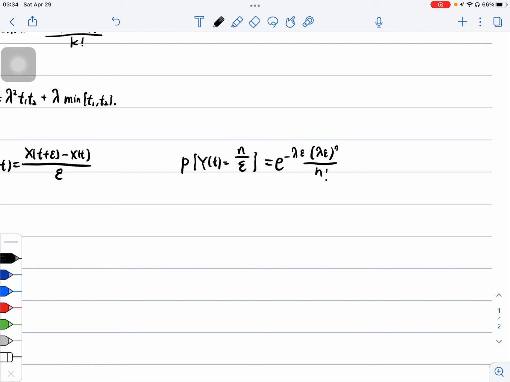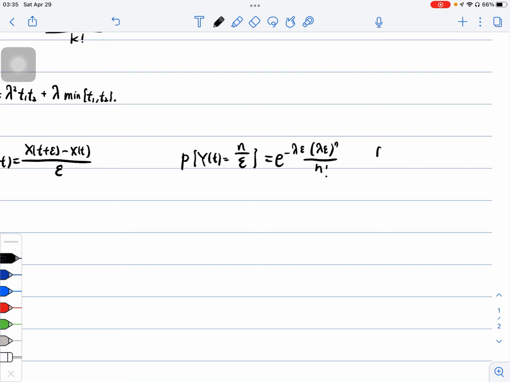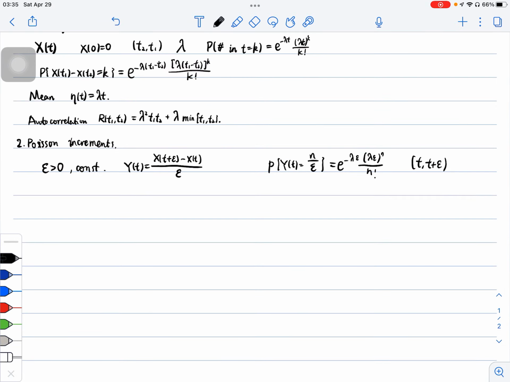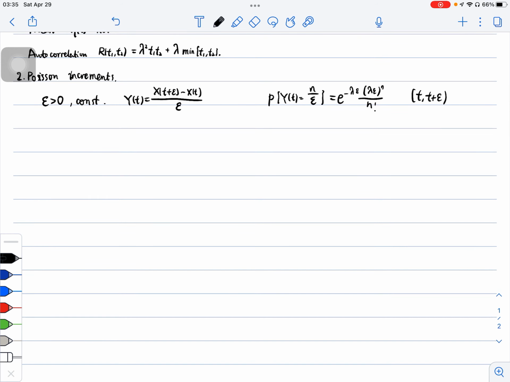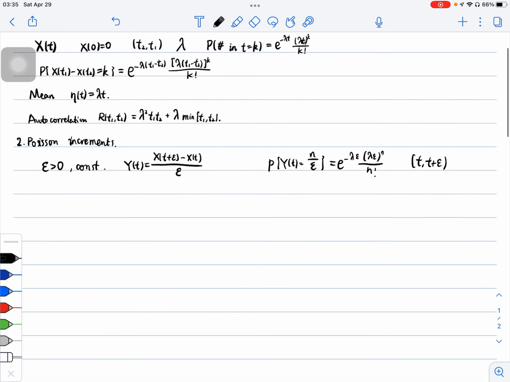And n is the number of calls in t to t plus epsilon. So the mean value is lambda. In a very small period, the expected number of incidents is fixed and is related to the average rate.